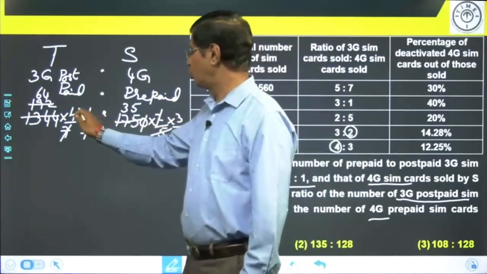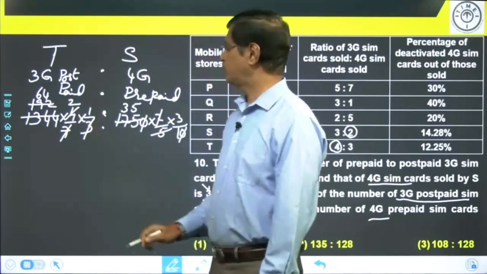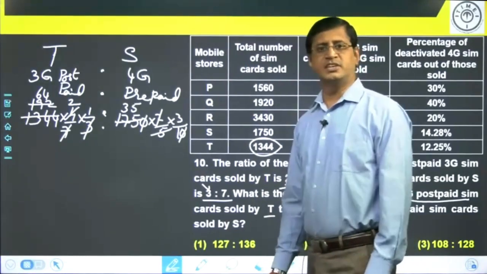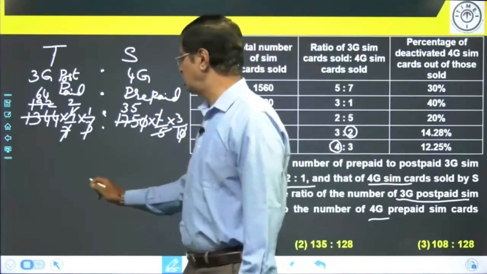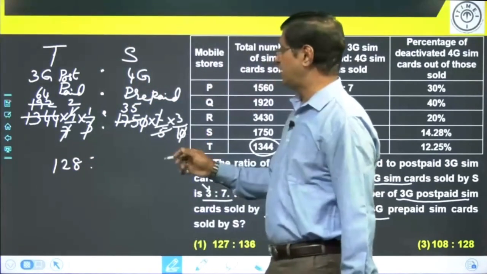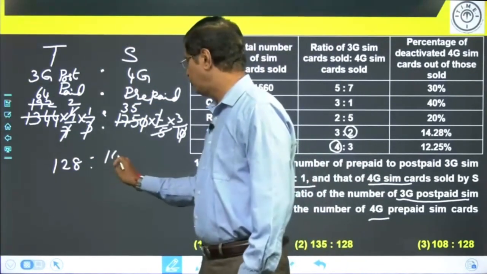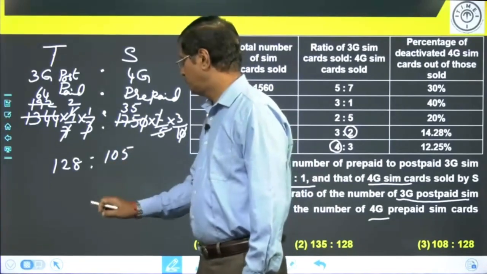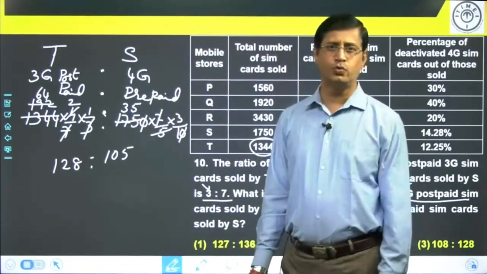What about 2? 2 we can cancel here 2 times. No further cancellation, just simplify this. 2 times of 64, that is 128. And 3 times of 35, it is 105. Yes, students, 128 is to 105.